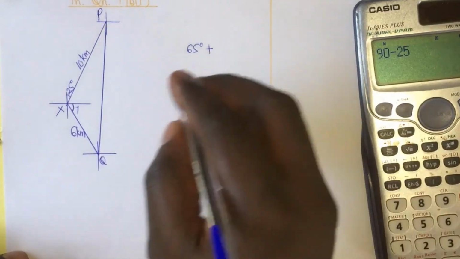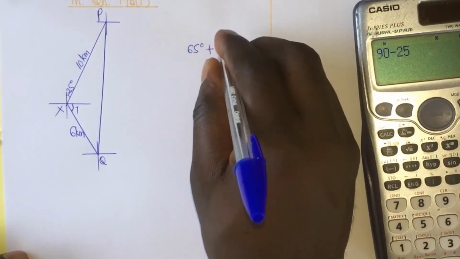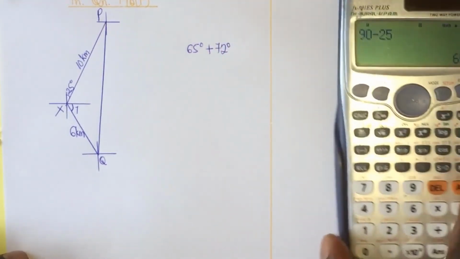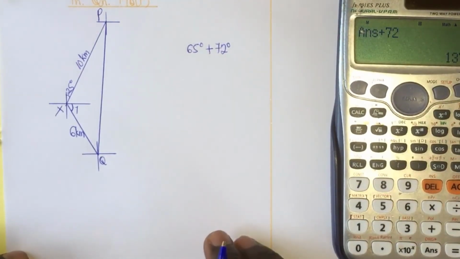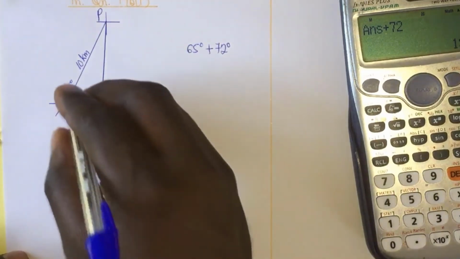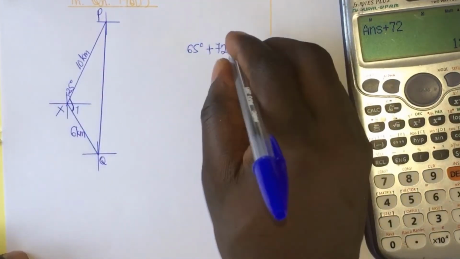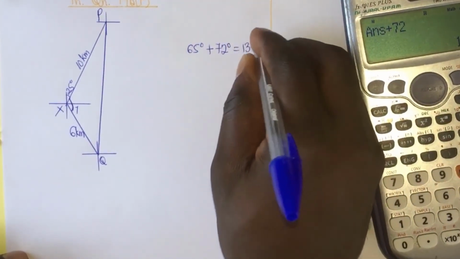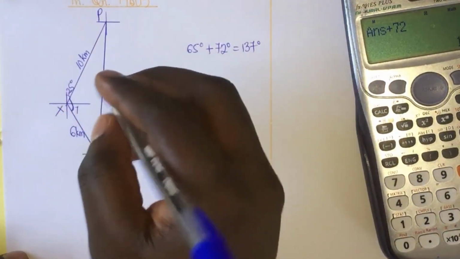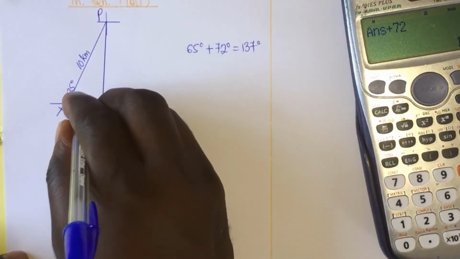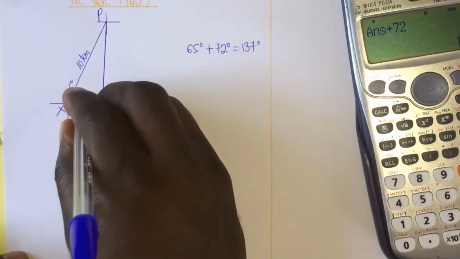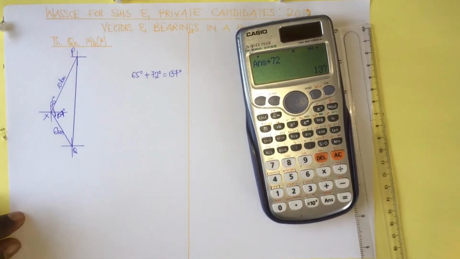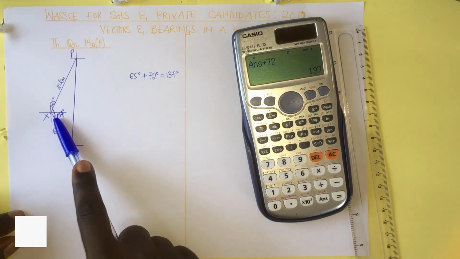So that 72 degrees plus the 65 is going to give us 137 degrees. So the whole of this angle is 137 degrees.